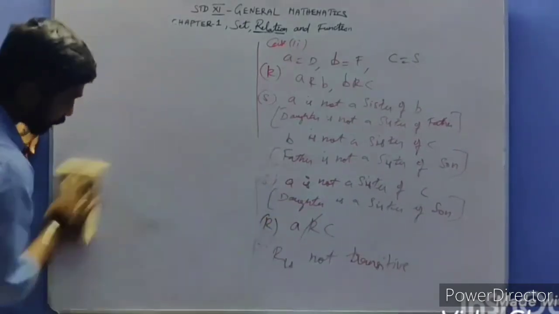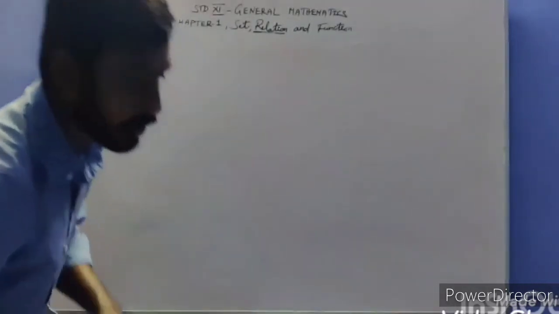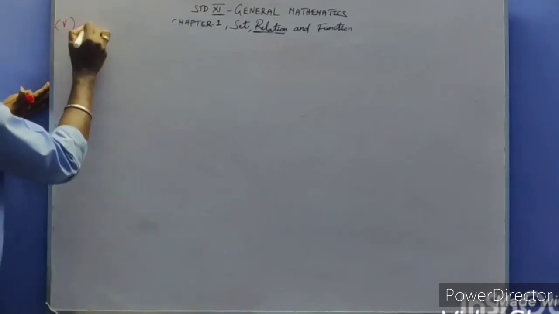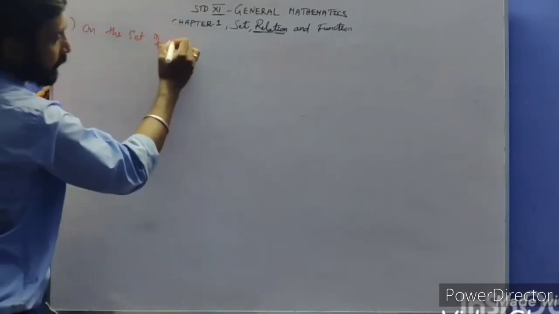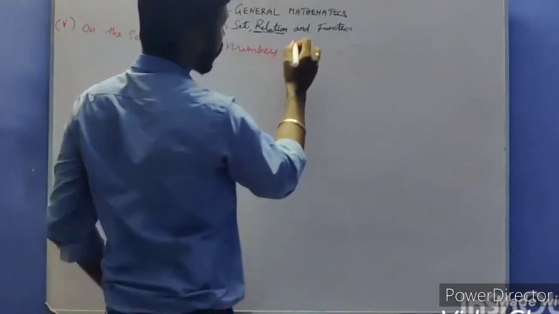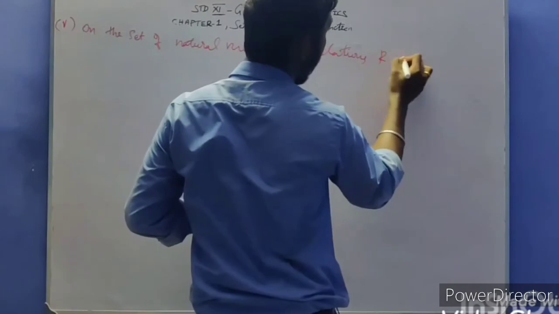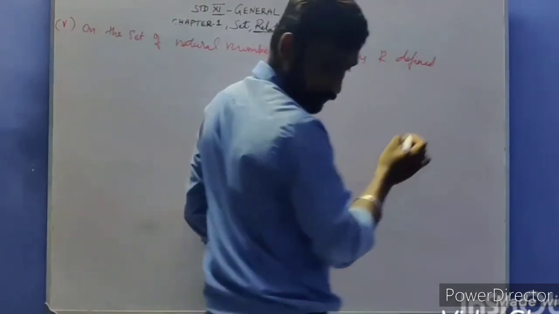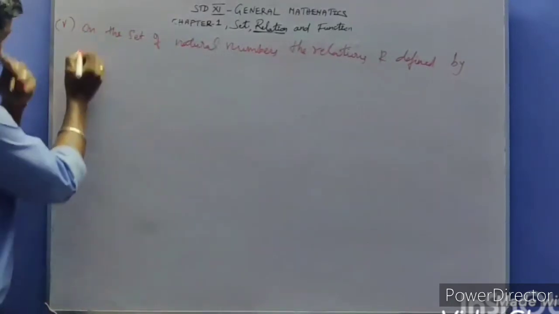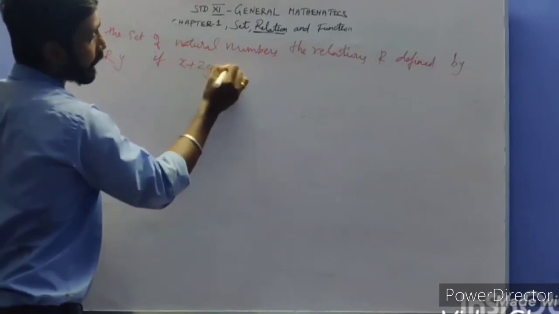So now we move on to the fifth one. It will be the simplest one. So listen, children. What is the question they are giving here? On the set of natural numbers, the relation is defined by x related to y if x plus 2y equal to 1.